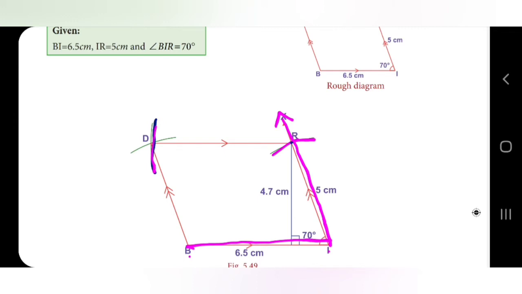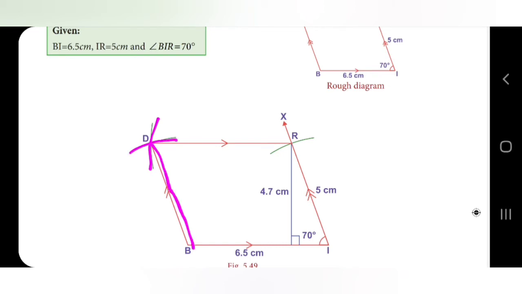Now BD and IR are the same, these are opposite sides. So cut an arc. RD is 6.5 centimeters and BD is equal to 5 centimeters. Then join these two lines. Now you will get the parallelogram. This is the way you have to draw a parallelogram using the given measurements.